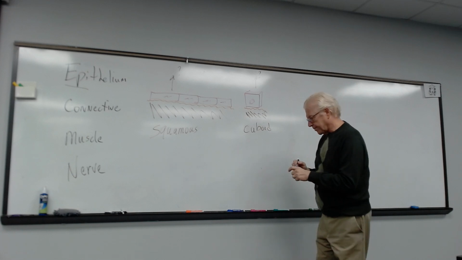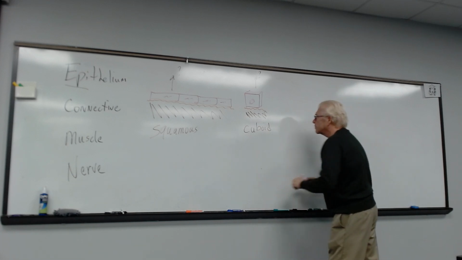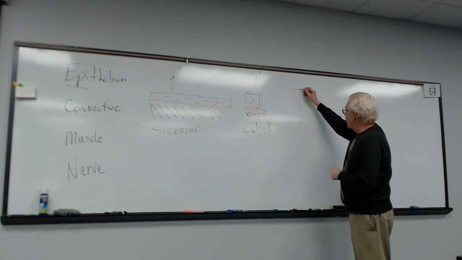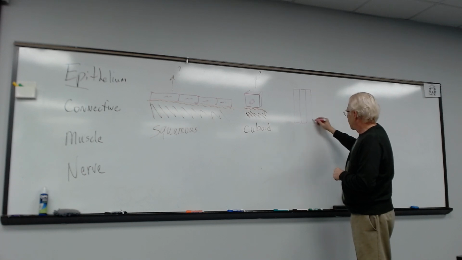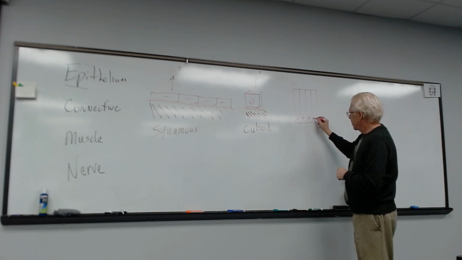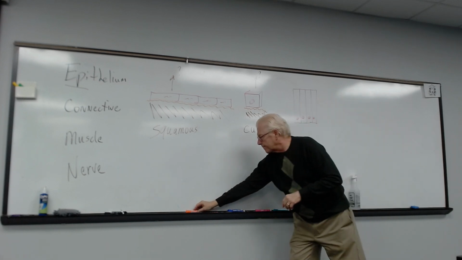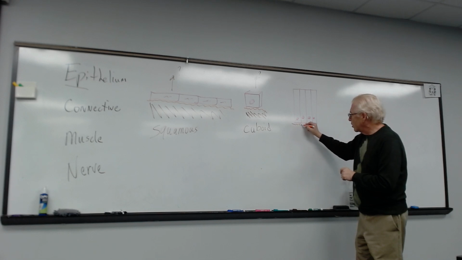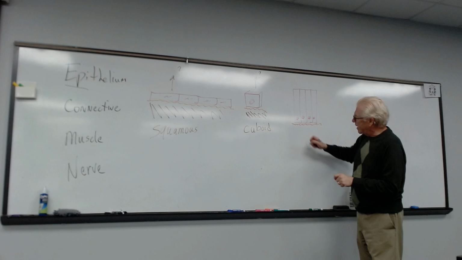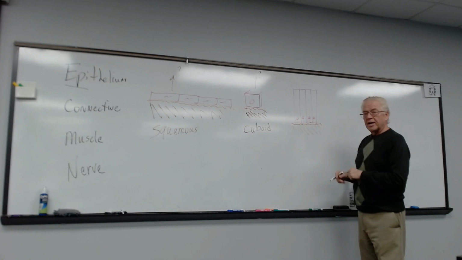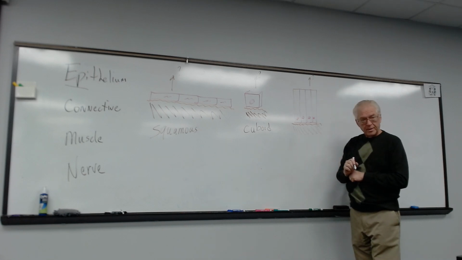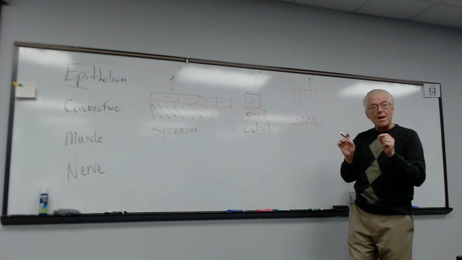Make sense? Okay. And last but not least, we have another set, and these guys are tall and thin. Nucleus down here, still glued to a basement membrane, which attaches it to the connective tissue underneath. And again, what's up here? Nothing. That's why all three of these are called epithelial.